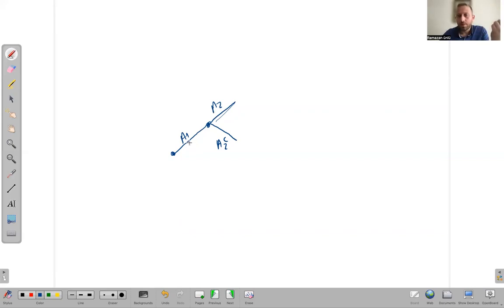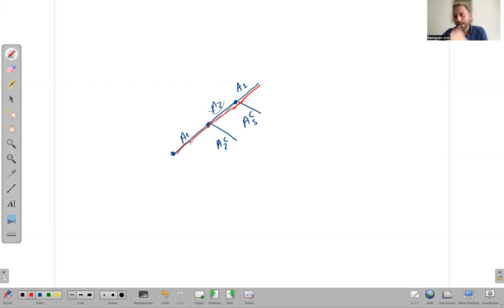As we did in the aircraft example, we multiply along the path, so A1 times A2 gives us the probability of occurrence of A1 and A2. Now imagine that there is another event here, A3, and also A3 complement. So this path here is the probability of occurrence of A1 and A2 and A3.